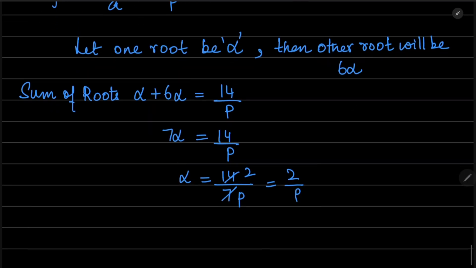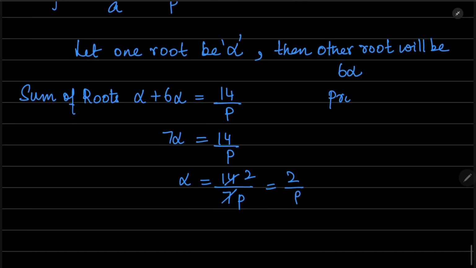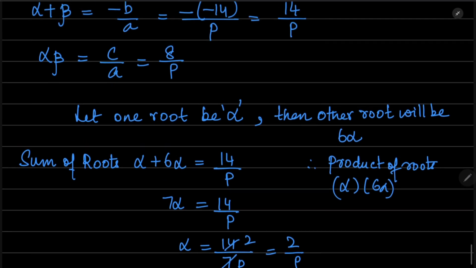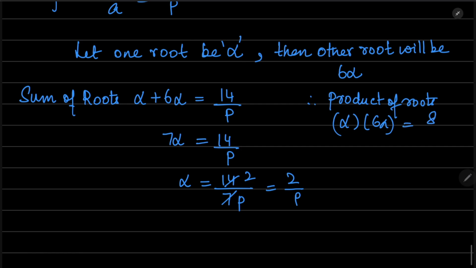Let us find for the other. Let's find out the product of the roots. So, product of the roots will be alpha multiplied by 6 alpha equal to c by a. What is c by a? 8 by p. So, 6 alpha square is equal to 8 by p.